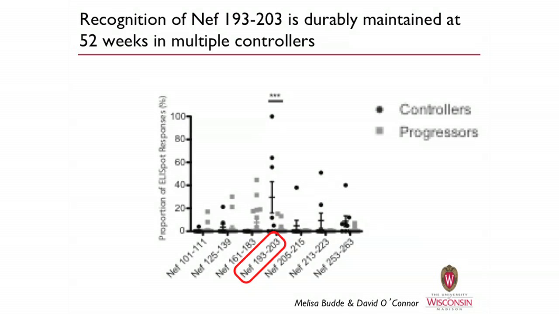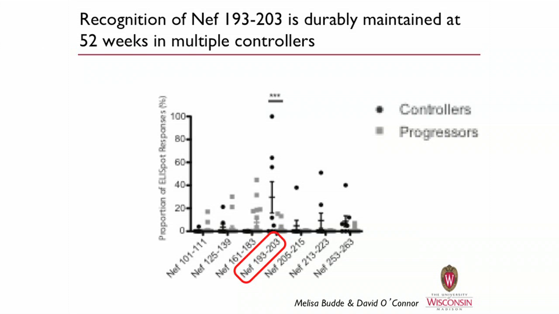And this clearly is the same sort of data that Hendrik showed you guys about an hour ago in his study. But she found that a specific region in NEF seemed to be targeted strongly by some of the controllers, so she looked at the peptides spanning NEF and tried to measure by interferon gamma ELISpot the magnitude of T cell responses targeting these different epitopes.